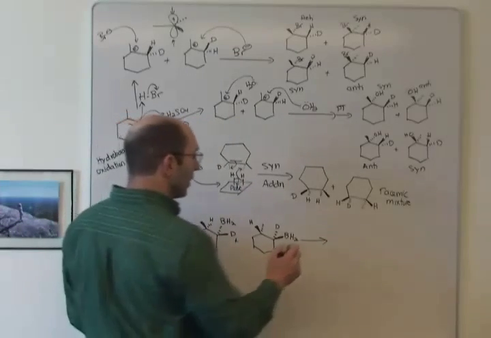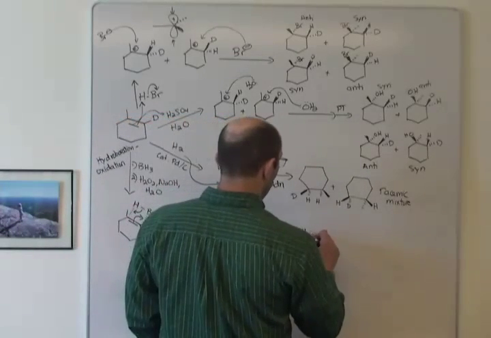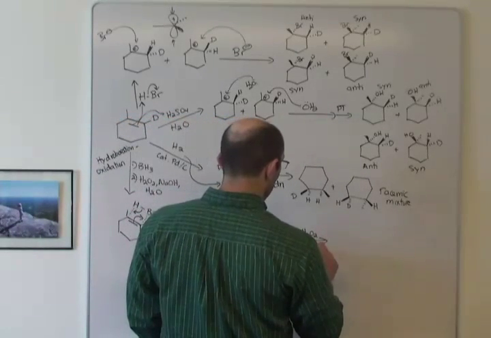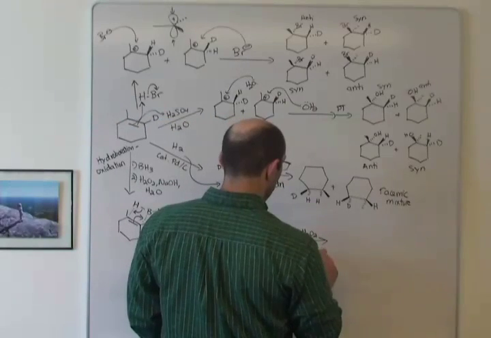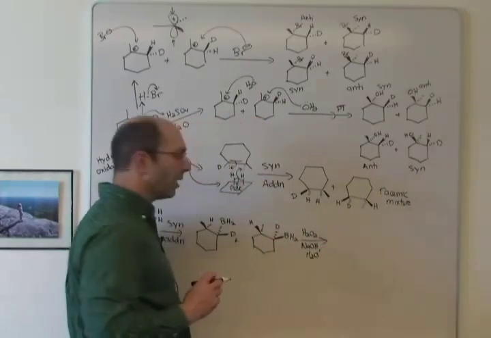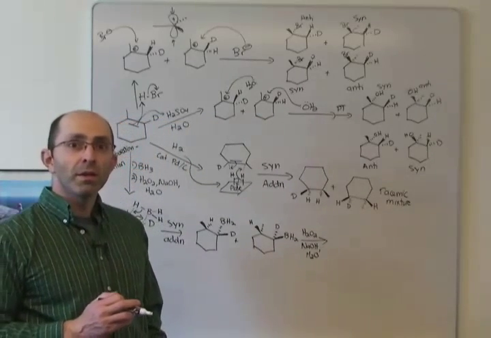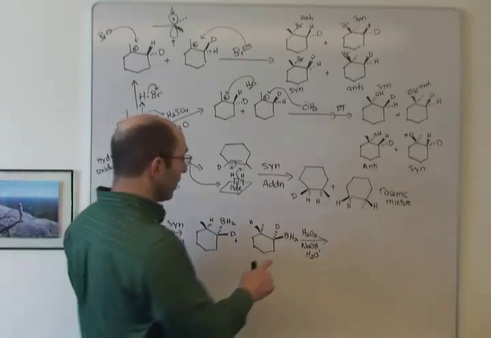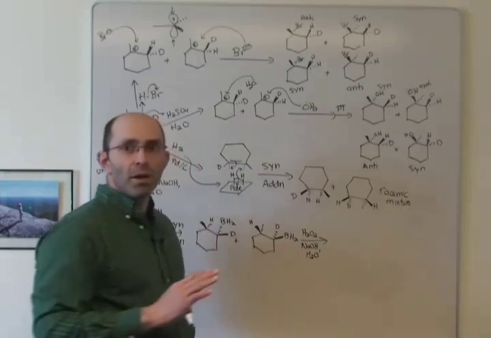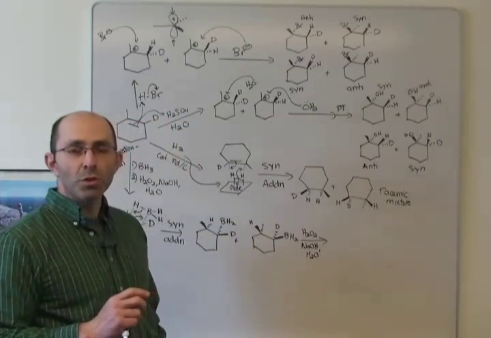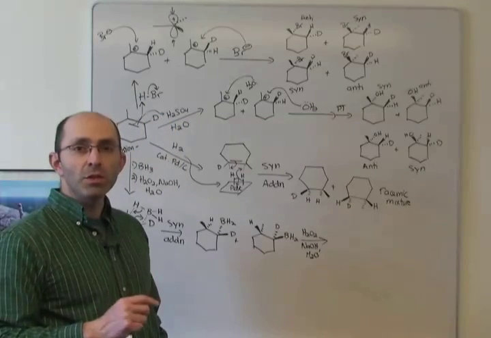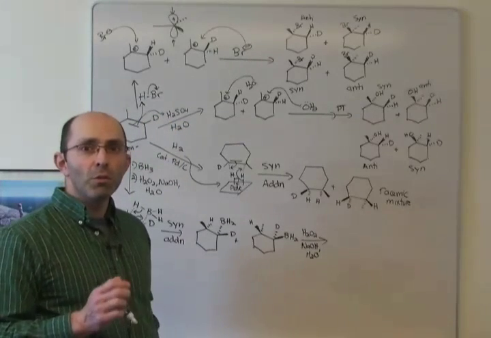And then when you do the second step, which is the oxidation step, so hydrogen peroxide, sodium hydroxide, and water, you're going to oxidize the carbon-boron bond. Simply put, all you do is replace boron with oxygen. Nothing else changes. And so you turn that carbon-boron bond into an alcohol. We don't need to worry about the mechanism.